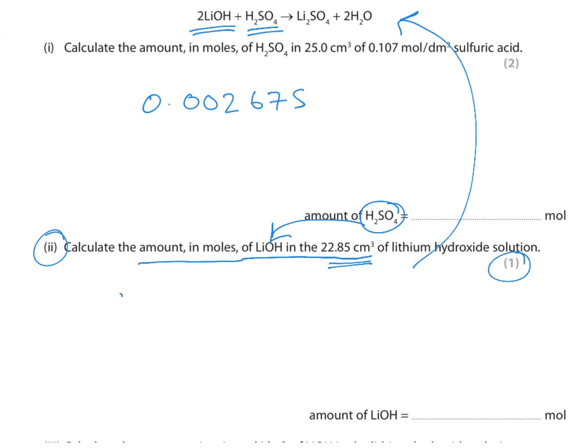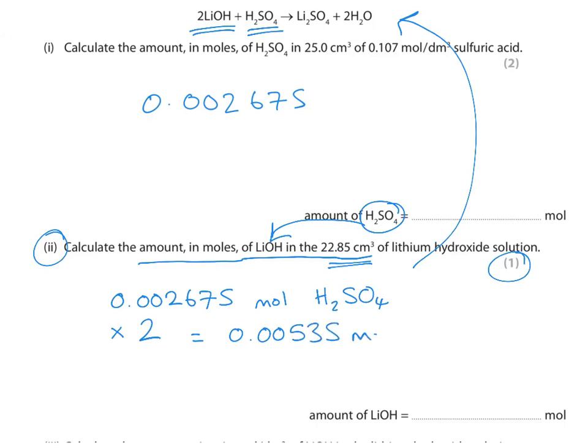So if I've got 0.02675 moles of H2SO4, I would need to times that number by 2 to get my moles of the other substance. So I'm going to times it by 2, and that means my lithium hydroxide is 0.00535 moles of lithium hydroxide. That's what I'm going to put in that box there.